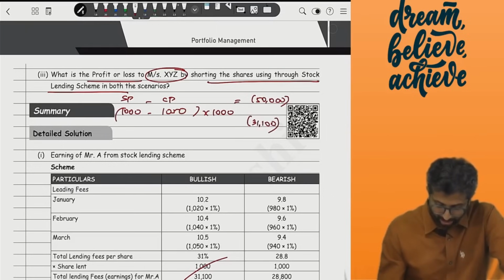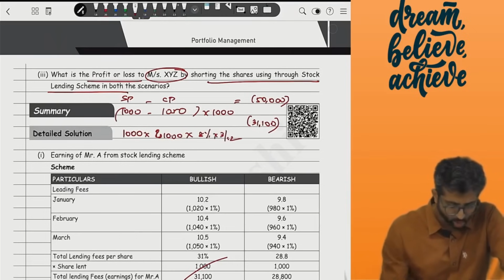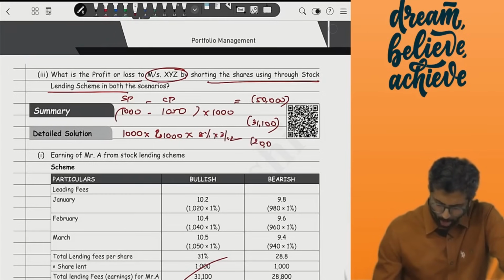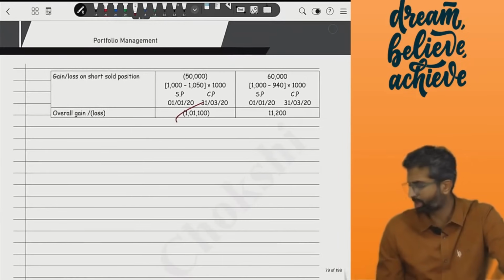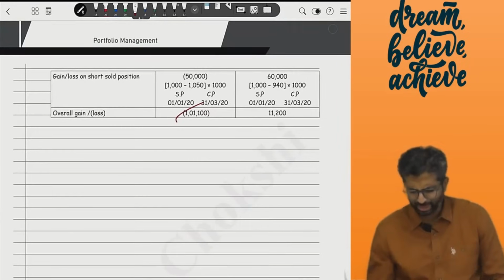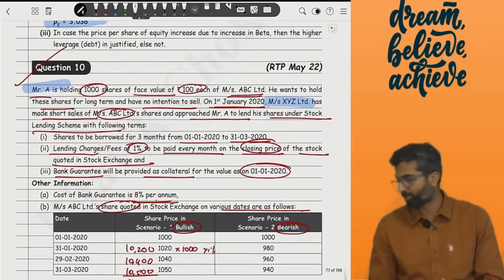And other than that, I have given a bank guarantee for 1000 shares at the rate of 1000, because that is the 1st January rate, into 8% per annum into 3 by 12. So this is 10 lakhs into 8% into 3 by 12, which comes to 20,000. That will be your overall cost burden, which will come to 1,01,100.